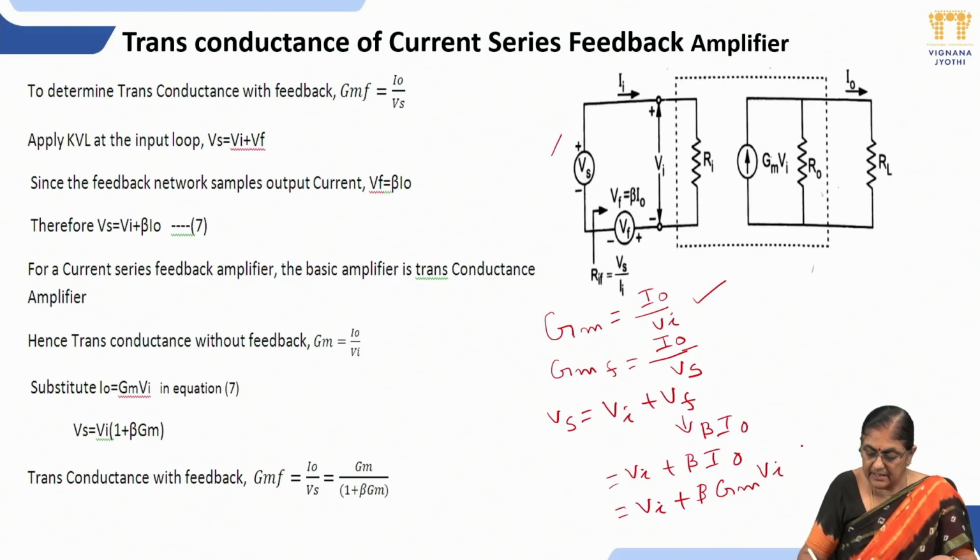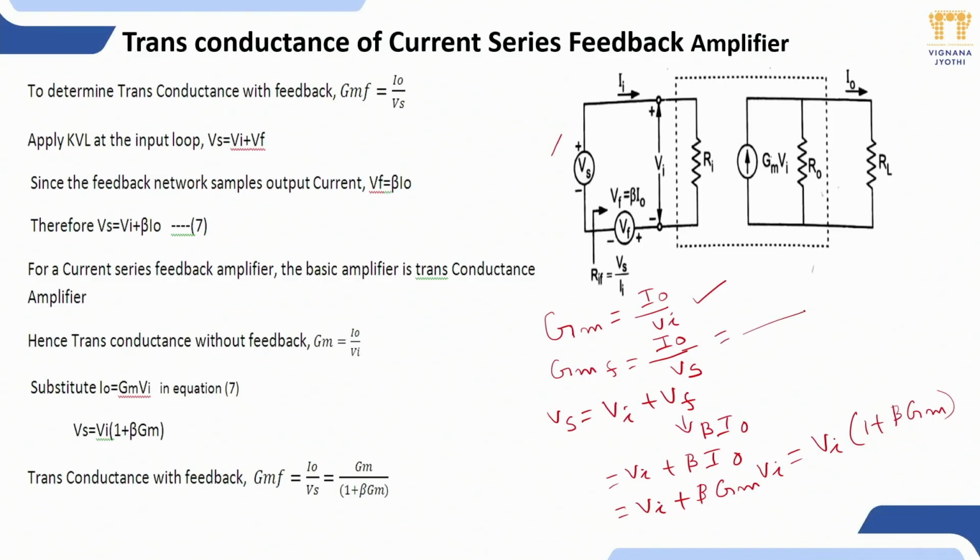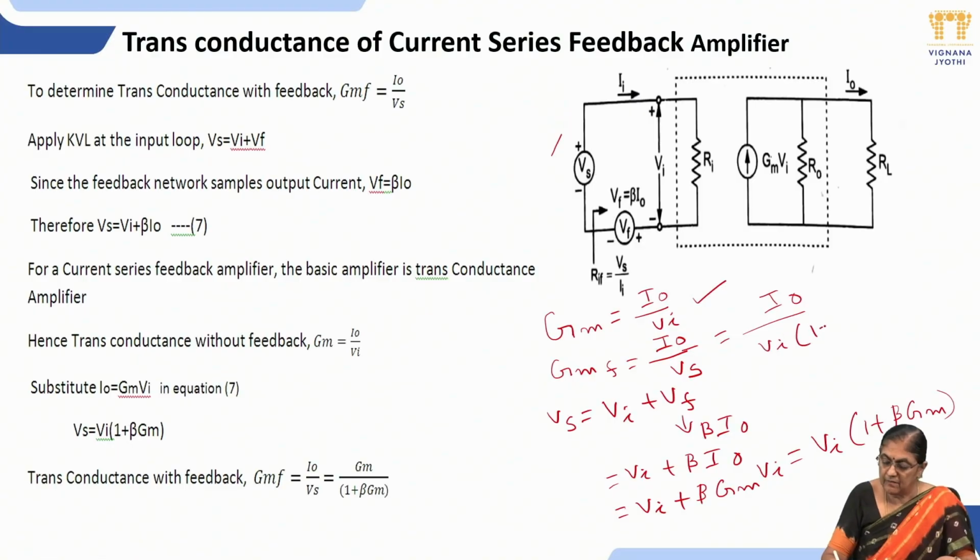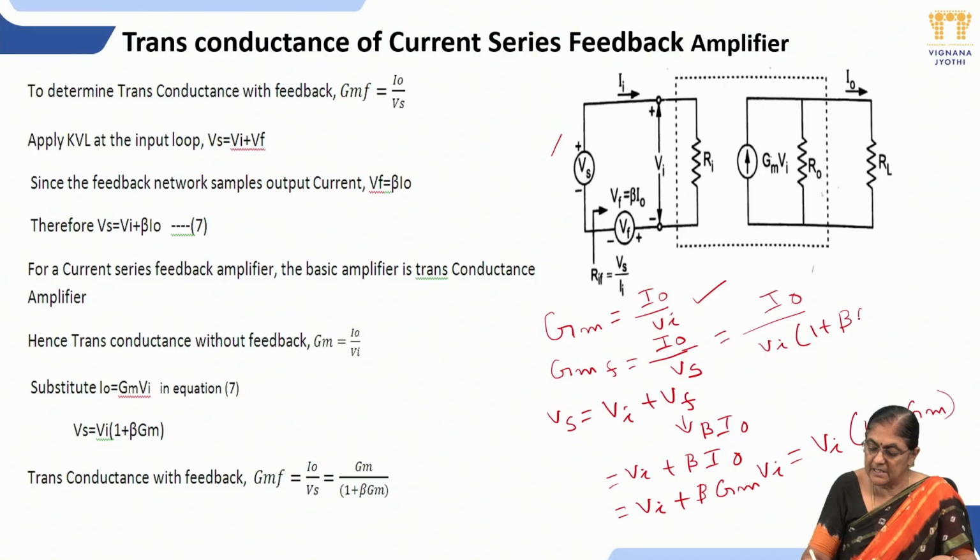Then you can take Vi as common: Vi into 1 plus beta GM. Now you can substitute Vs in the expression of GMF. What is GMF? Ratio of I naught to Vs. So I naught by Vs is Vi into 1 plus beta GM.